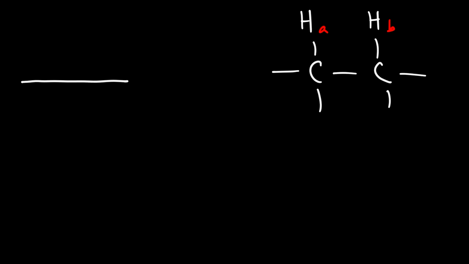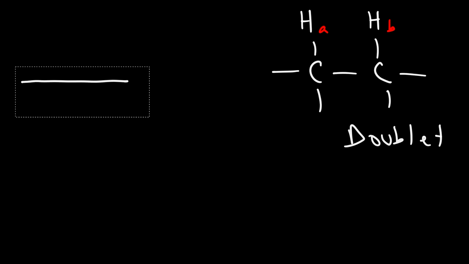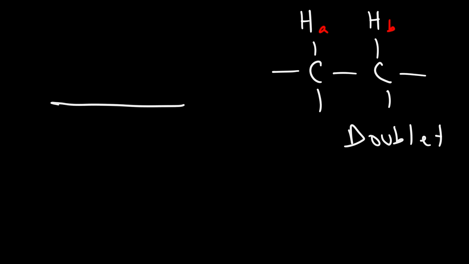So using the N+1 rule, this will give us a doublet. And so I'm going to draw it like this. So let's see why the intensity ratio is 1:1 for a doublet.